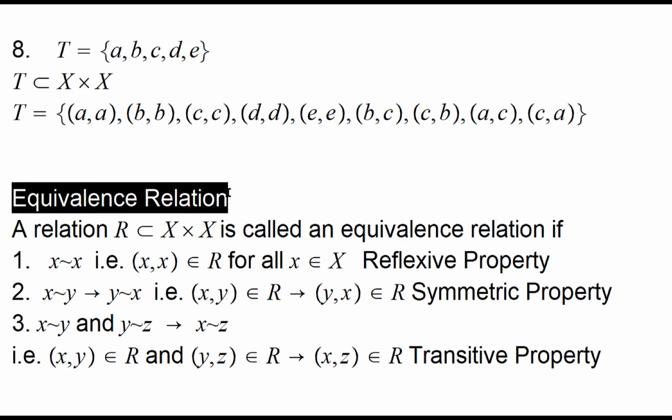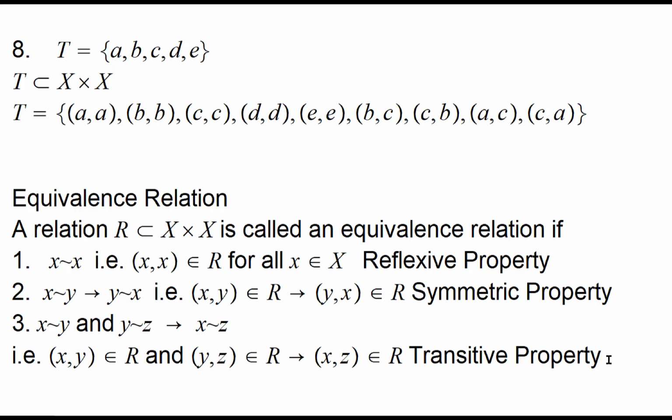Let me first define it and then we will elaborate on the properties. If we have a relation on X, say a subset of X cross X, we call it an equivalence relation if it satisfies these properties.